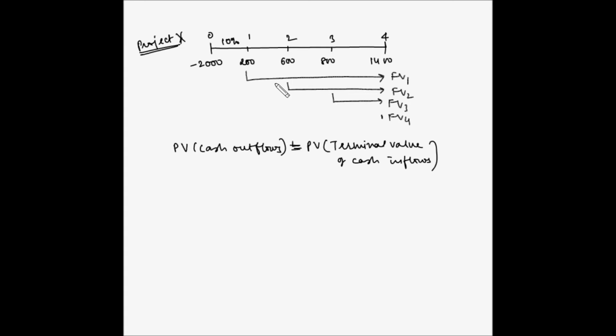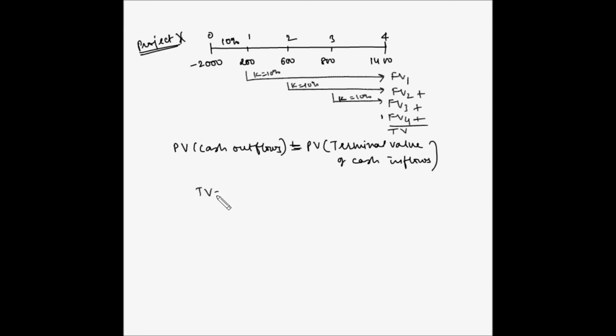Now this future value is to be calculated on the cost of capital. So K is 10%. And once we add all these future values, basically what we get is the terminal value of all the cash inflows. So let's find the terminal value.